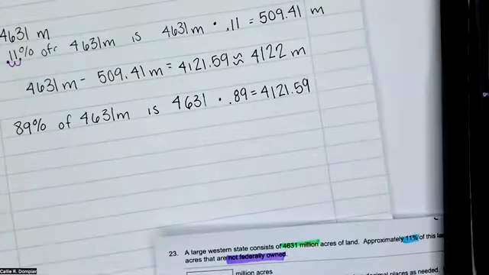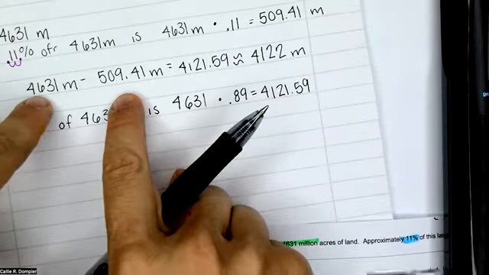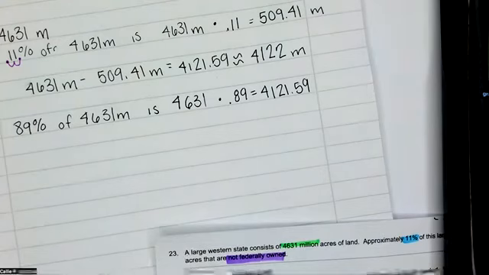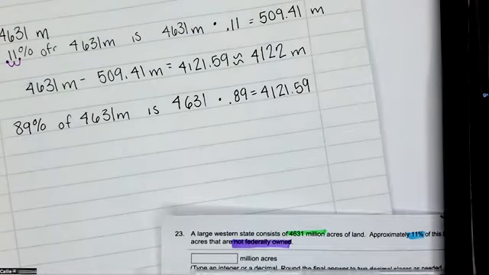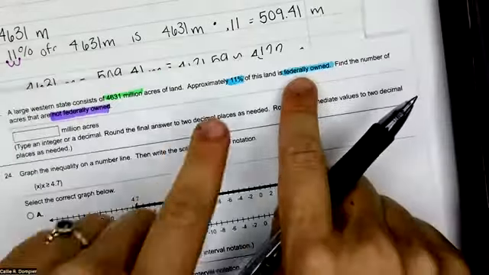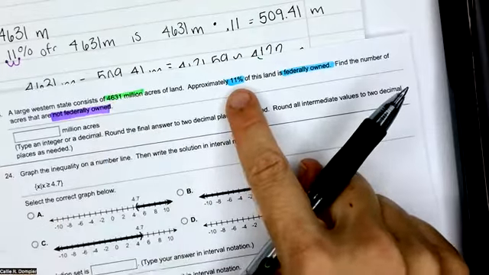So it's just two different ways to get the same number. You can find 11% and subtract it from the whole, or you can take 89%, which is 100 minus 11. Good. Just make sure you know whether they want that percent or that percent subtracted from the whole.